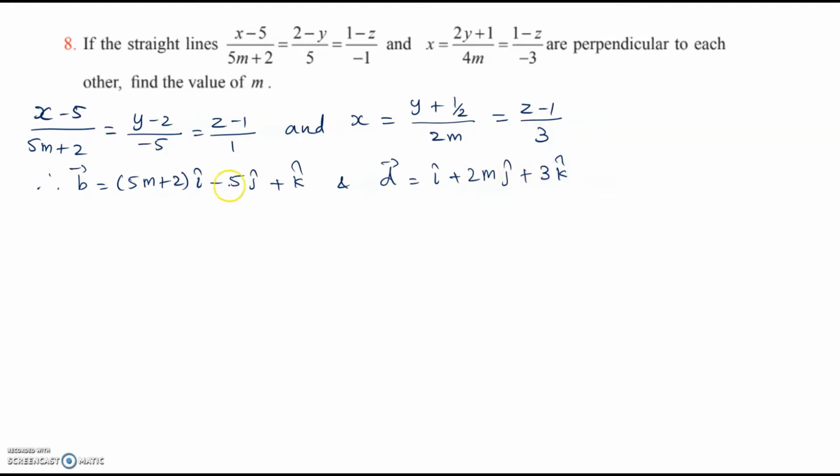So we have the two lines. I mean, B and D are lines which are parallel to the first and the second equation.